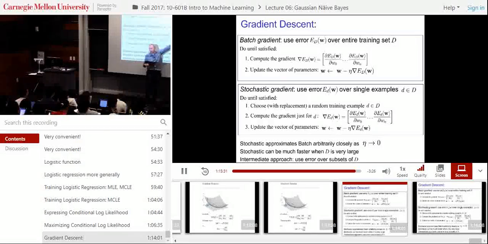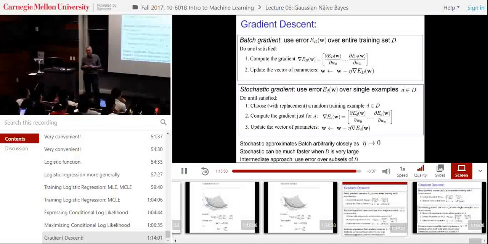You compute the gradient just with respect to example D, which you chose, and you take a step. You update the parameters, and then again you choose a random example and get the gradient with respect to that. Sounds really weird. You can imagine that instead of going straight down the hill, now you're going like that to get down the hill. Will you go down the hill?